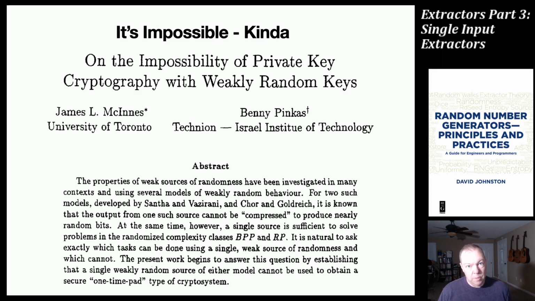And here they're just talking about a single bit. This paper proves that if you've got a single weak source of entropy, and by weak they mean anything that's not full entropy, which of course doesn't exist, so any entropy source, you can't get enough entropy to perfectly encrypt that one bit of data that you send.